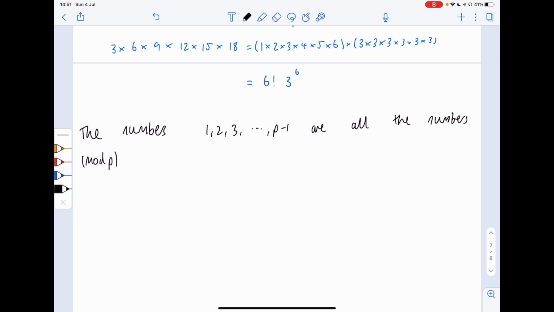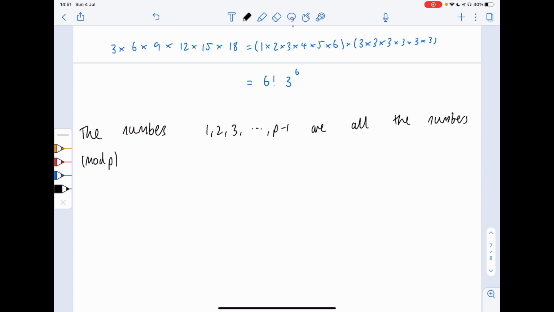As in, every number in existence that isn't a multiple of p has to be congruent to one of these numbers. Okay, so I'll say that again. Every whole number has to be congruent to one of these numbers, mod p.